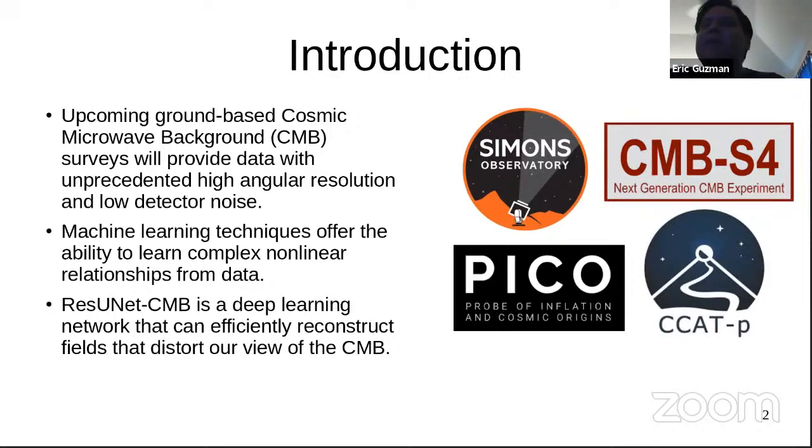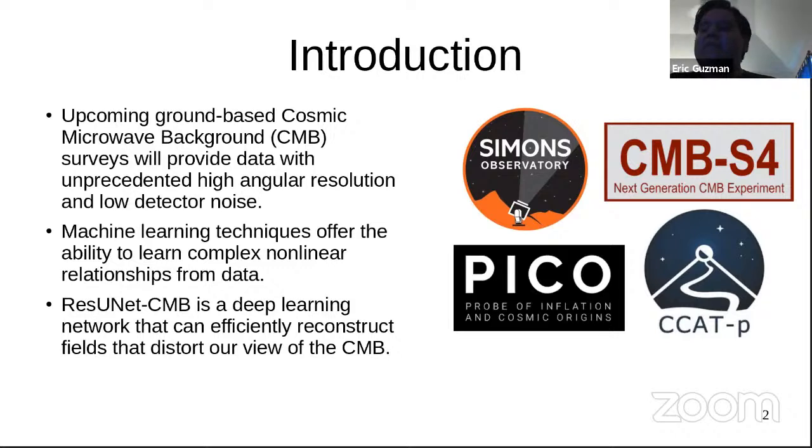Upcoming ground-based CMB surveys will provide new high precision data of primary and secondary CMB anisotropies. As a result, we will need new analysis tools to replace the current suboptimal ones. Machine learning techniques offer the ability to learn complex nonlinear relationships from data, which makes them ideal for the construction of these new analysis tools.